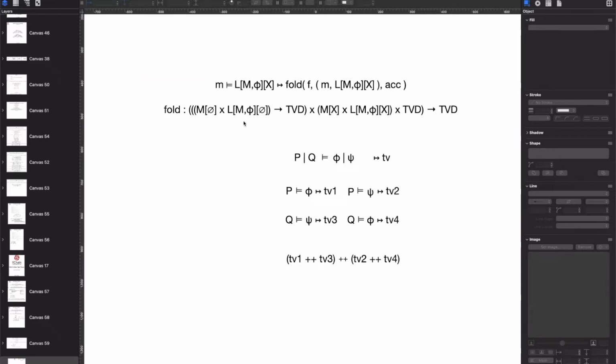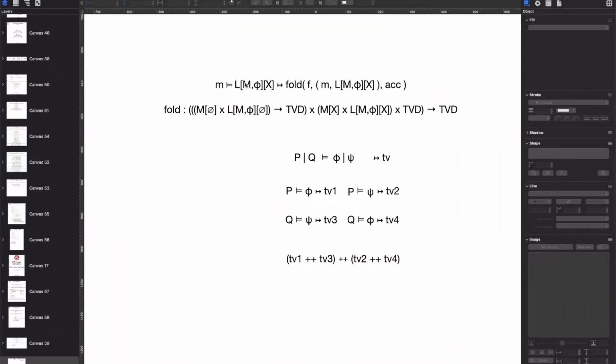And so the idea is that we need three ingredients, right? One ingredient is we're going to use when we hit bottom, when we can no longer unpack M and we can no longer unpack this. So M is ground in some way and this is ground in some way.